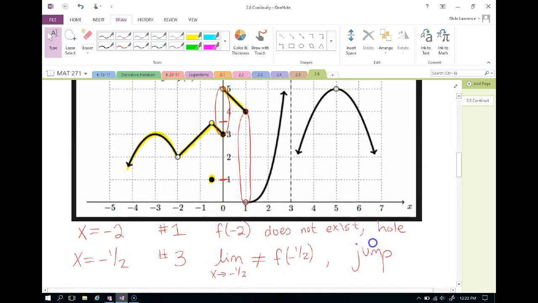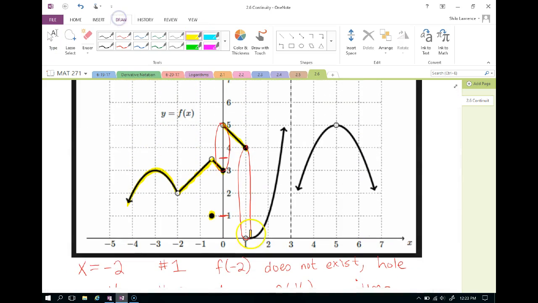And then we'll keep on tracing, and we'll have to pick up our pencil and jump across our asymptote in order to keep drawing. There's a big old gap at x equals 3. The limit does not exist there because one side's going up, the other side's going down.